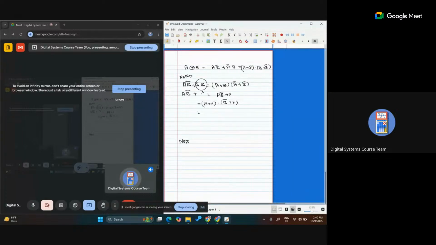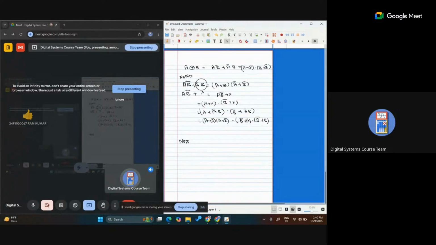X is equal to A bar B times B bar plus A bar B. Again, by the distributive law, A plus A bar times A plus B times B bar plus A bar times B bar plus B.